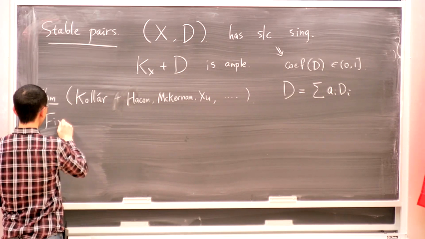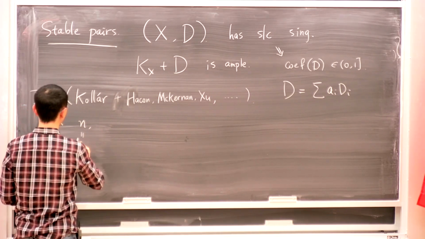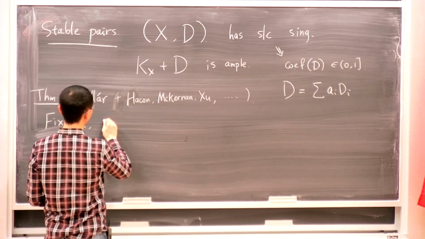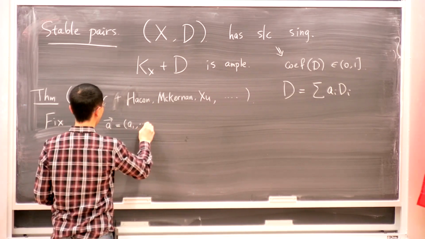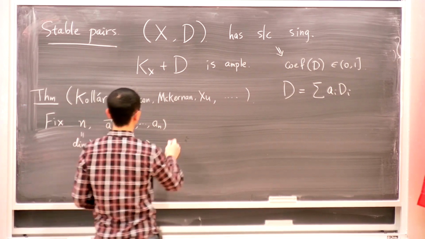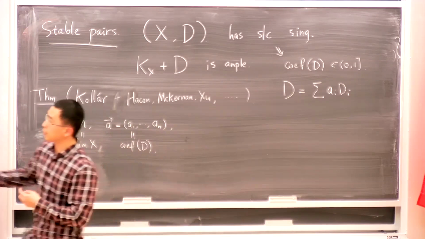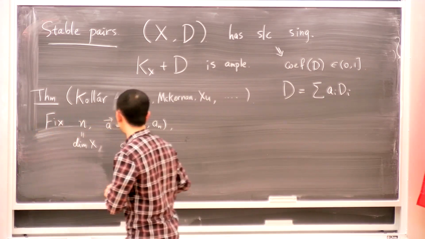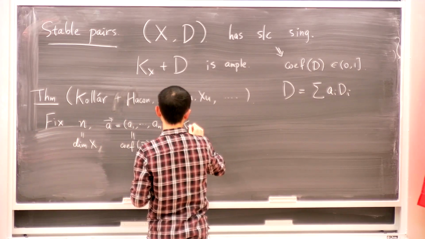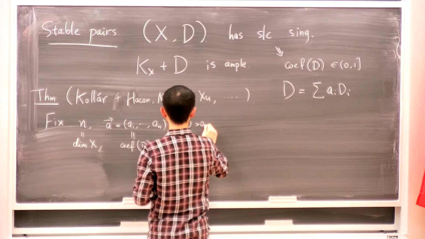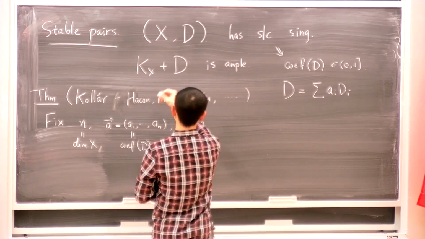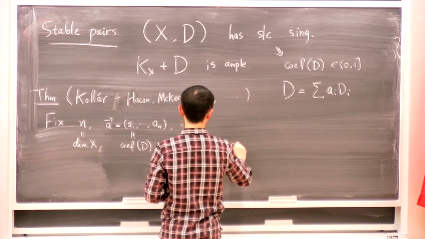So if I fix a dimension, and if I fix the coefficients of my boundary divisor, and I also need to fix some numerical invariant, just like 2g minus 2 plus the sum of the weights over there, which is basically the degree of the log canonical divisor. So here we are fixing the volume of my log canonical divisor, which is just the self-intersection number since they are ample.